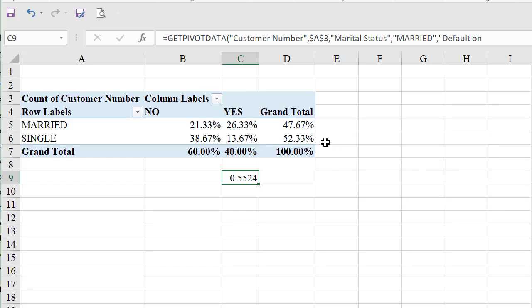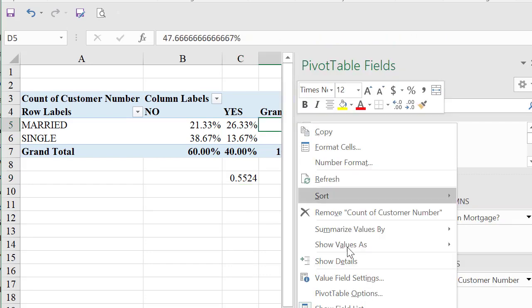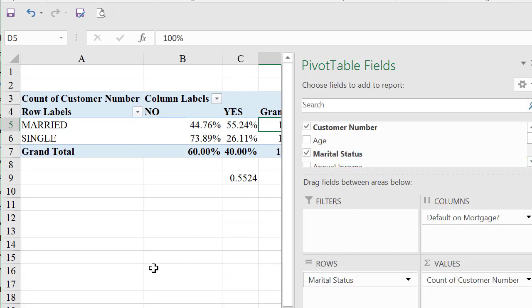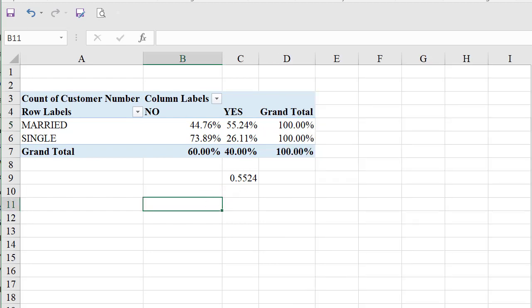And if I change this back to show value as percent of row total, that gives me the same number that we had there.